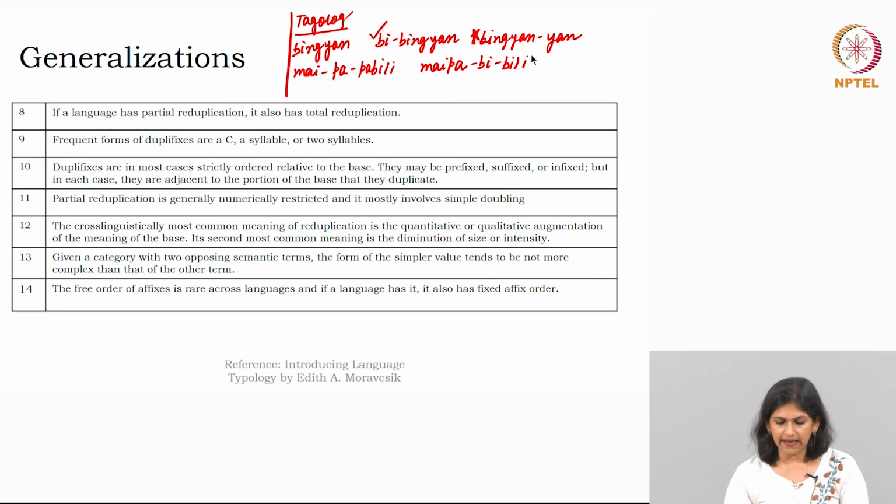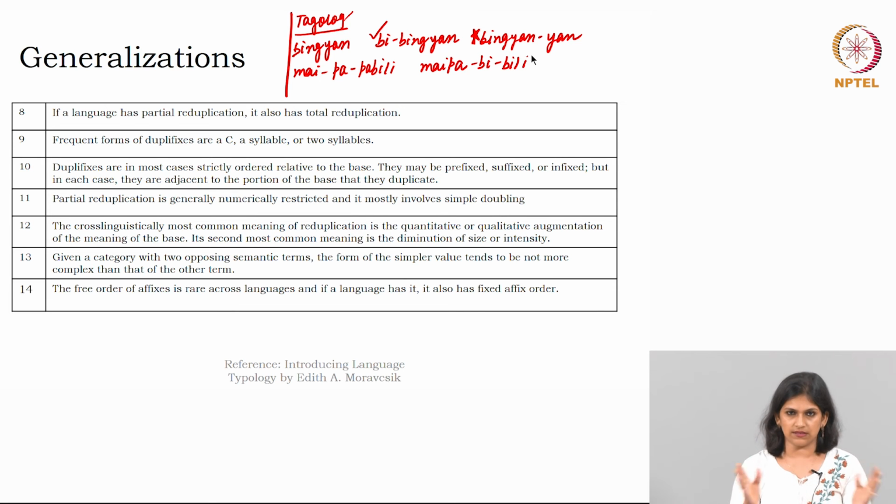Its second most common meaning is diminution of size or intensity. Okay. It is a little tricky to understand what this particular generalization talks about. I will spend some time to explain this to you, but before that let me read it again. So, considering this is a longer one, let us see how it works.